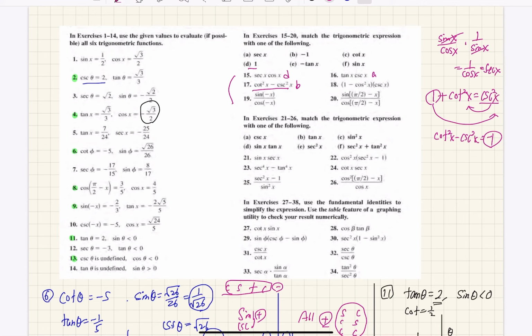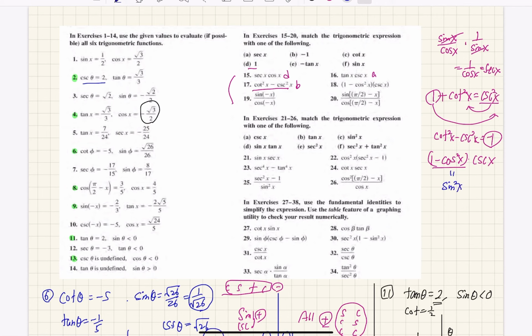Next, 18: 1 minus cosine squared x over sine x... that is, 1 minus cosine squared x times cosecant x. Based on the first Pythagorean identity, 1 minus cosine squared x is equal to sine squared x.